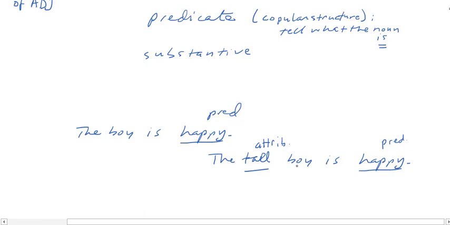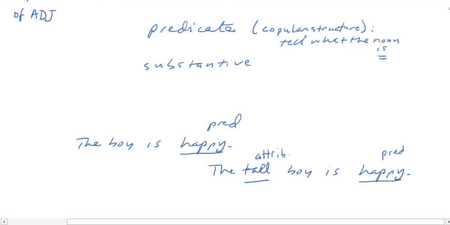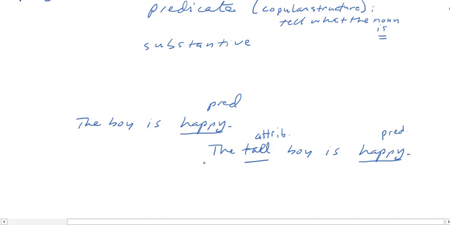All right? So one of the things that can be a bit confusing when we talk about predicate adjectives and attributive adjectives is if we say, well, a predicate adjective occurs in a copular construction, well, look at my second sentence. This is a copular sentence, right? I have a copula. I have a verb of being.